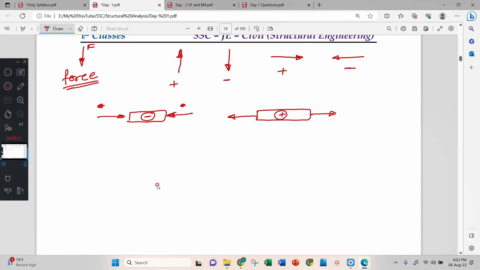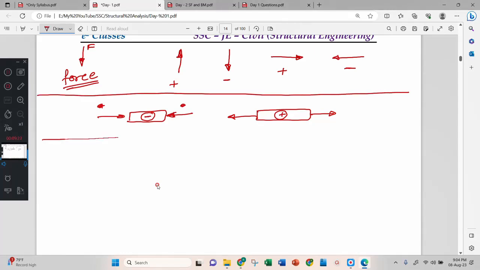Here, don't see the individual force. See the combined effect on the body. Very interesting. Correct? Tension positive, compression negative. Now don't see left side, right side.